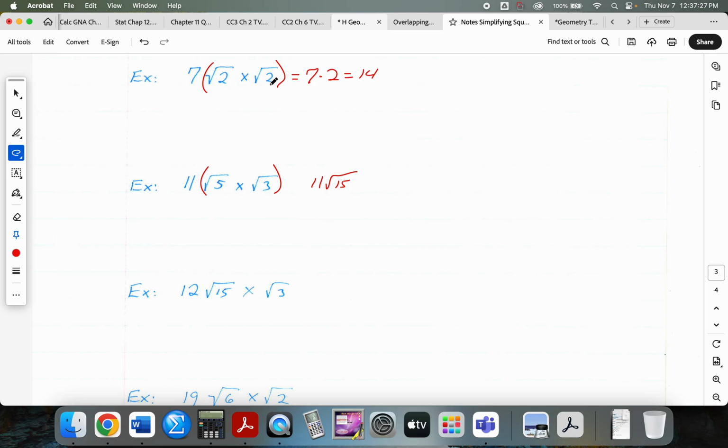What's the square root of 2 times the square root of 2? By definition, that is 2. You just simplified. I didn't even bother to multiply them together. The square root of 17 times the square root of 17 is 17. I don't need to multiply them. Okay, that makes sense? So when they're alike like that, I can shortcut the process.